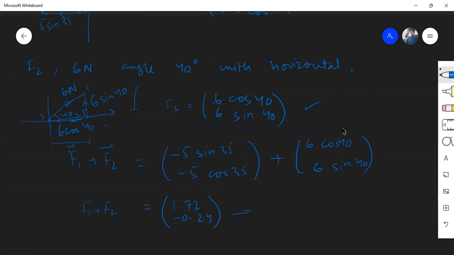So this is actually the resultant force.